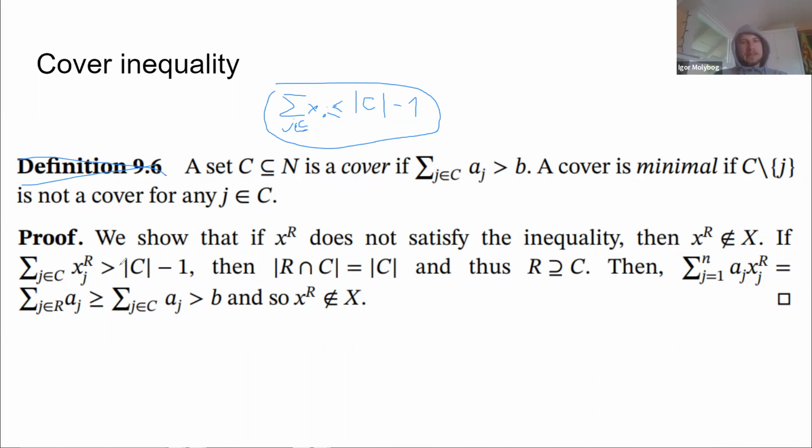So the proof for this is quite intuitive. We show that if we have x^R, some incidence vector for a set R, that does not satisfy this inequality, then x^R does not belong to capital X. Obviously, this would be sufficient for us to prove that this is a valid inequality, because we just want to make sure that this inequality does not cut off any feasible points.